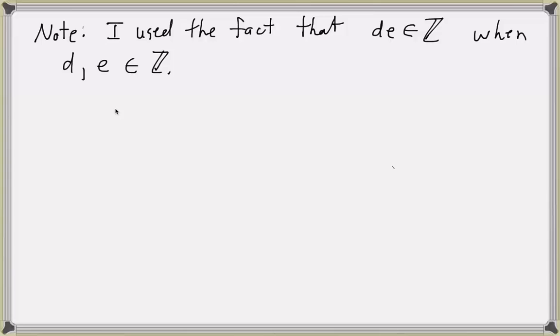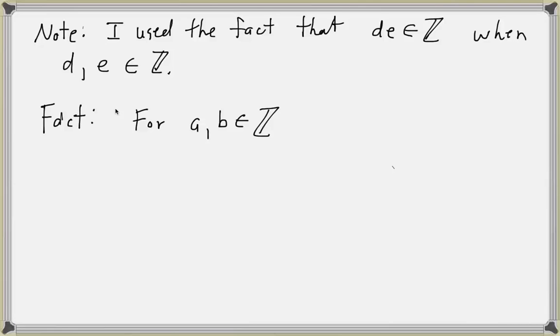So is this always the fact? Is this always the case that if you multiply two integers, you always get another integer? Yes. So this is a fact that we will use in our proofs, that when you multiply integers, you still have an integer.